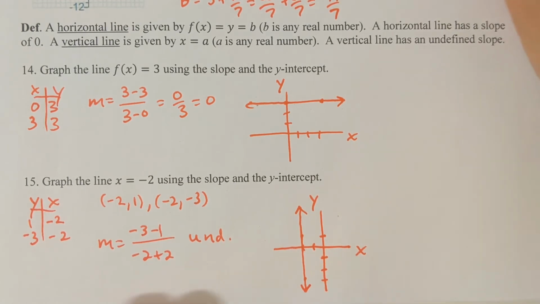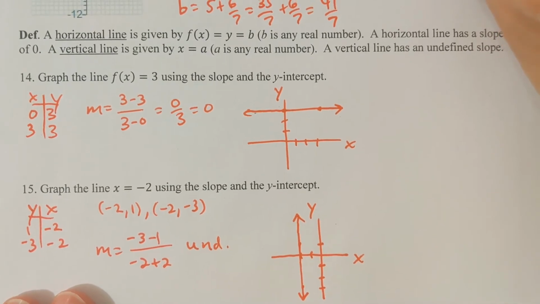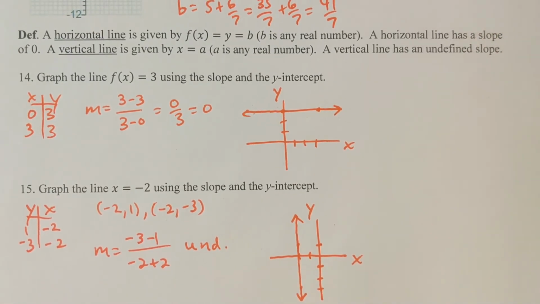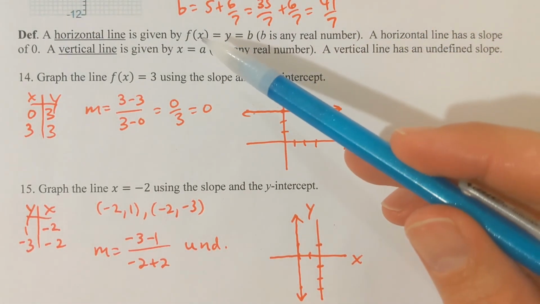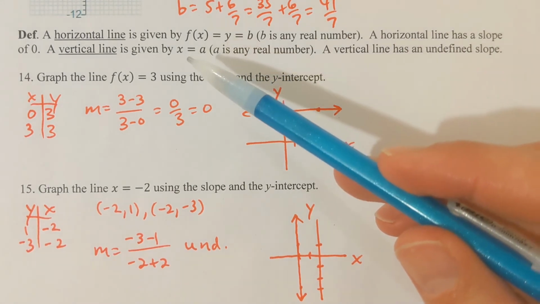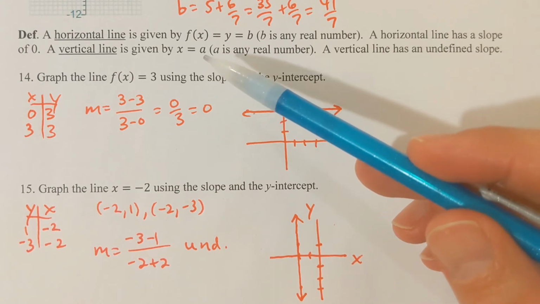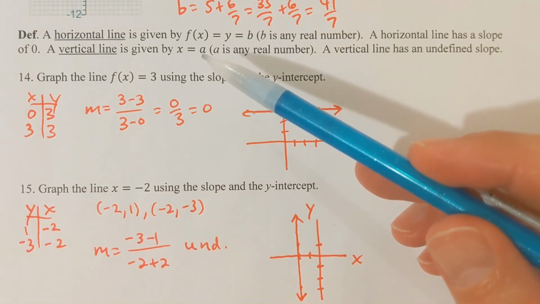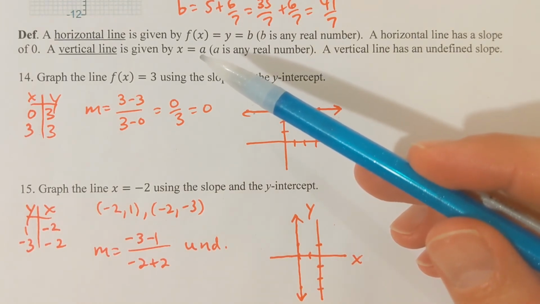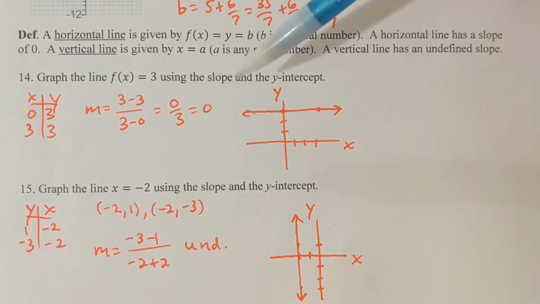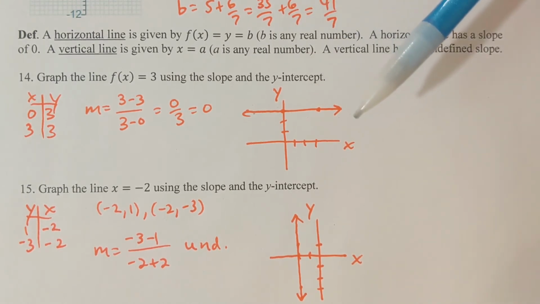Now, first thing is just an observation here. Notice that I'm using function notation in the case of a horizontal line, but I am not doing that in the case of a vertical line. Why not? Well, a vertical line is not a function, right? I had said earlier that a linear function is just a line. Well, that's not actually completely true. It's still going to be a line that passes the vertical line test.